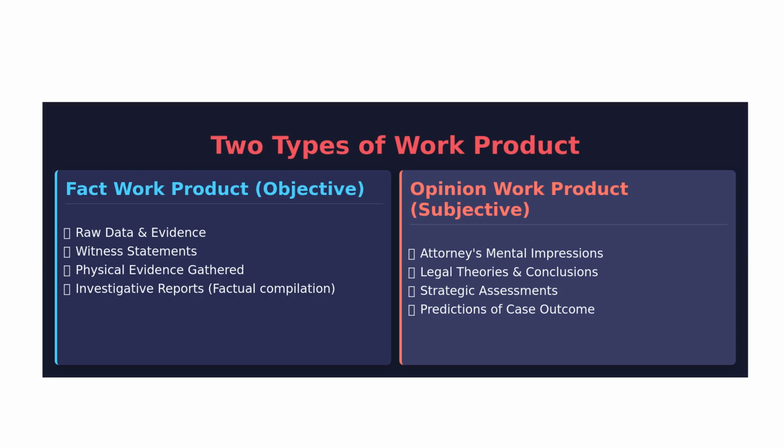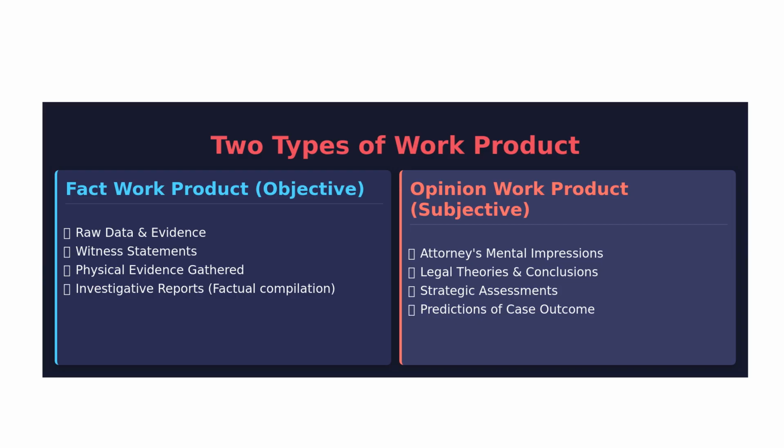This represents the factual underpinning of the case preparation. The second, and significantly more protected category, is opinion work product. This is the core of the lawyer's strategic thinking. It includes the attorney's mental impressions, personal conclusions, legal theories, strategic assessments, and opinions regarding the case strategy.